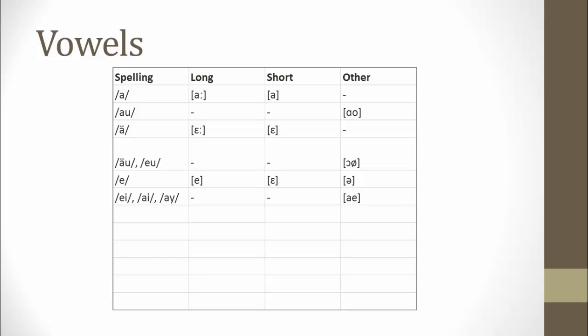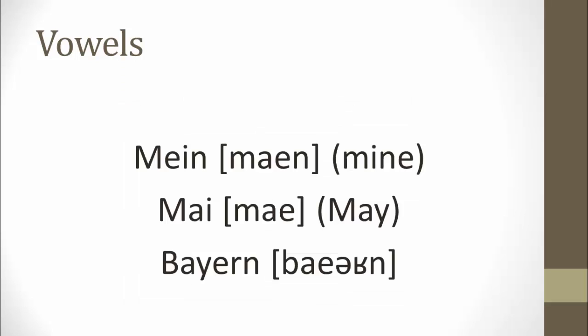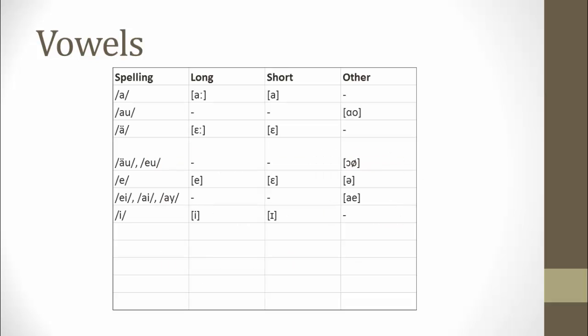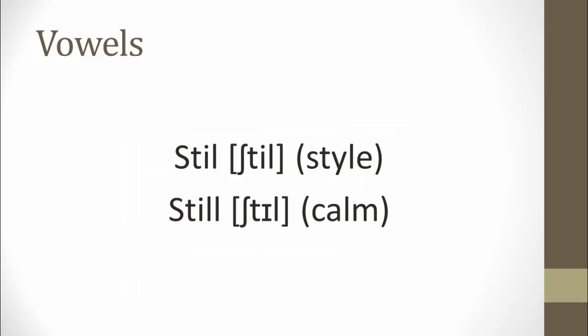For our EI, AI, and AY spellings, we have the diphthong I: mein, my, Bayern. For the I spelling, we have I: Stiel, still.